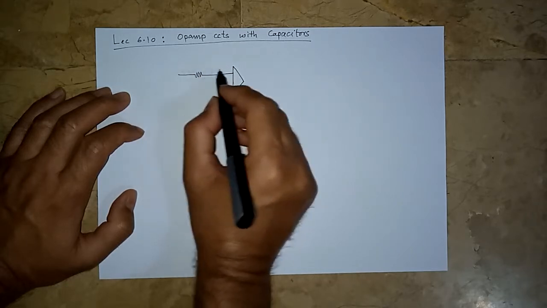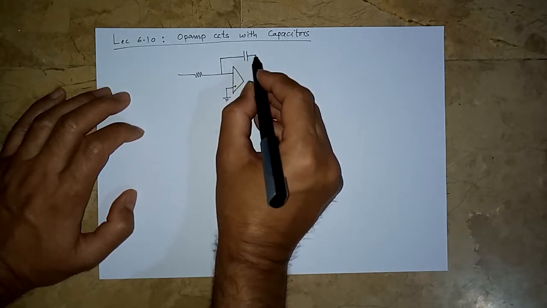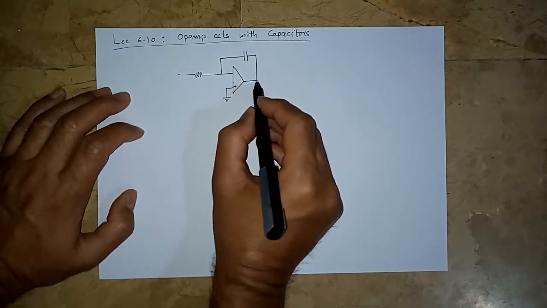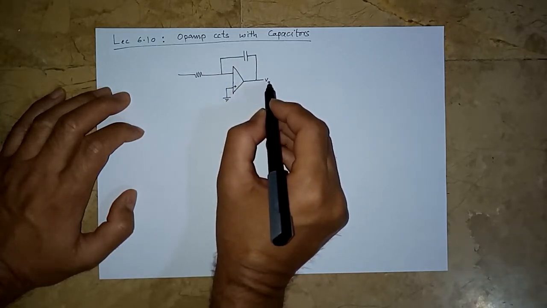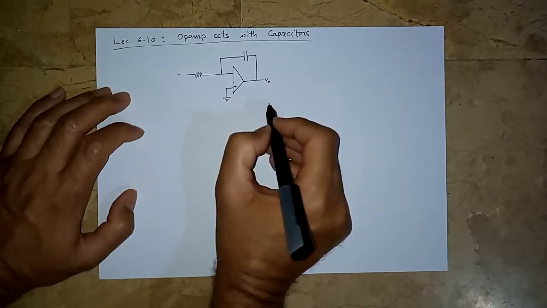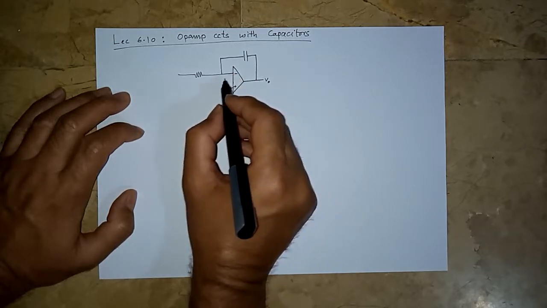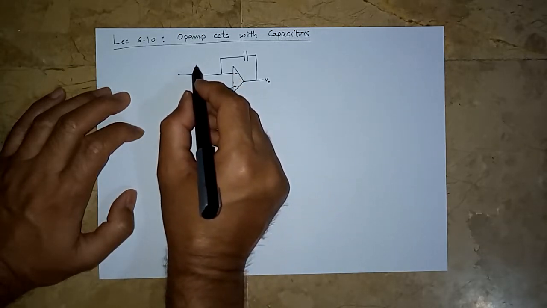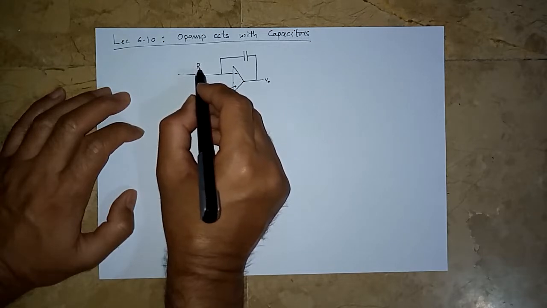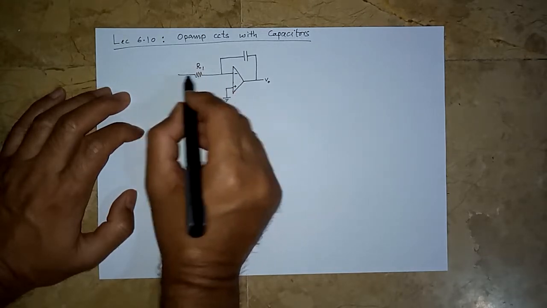So we have a capacitor here in this circuit in the feedback path. We have the output voltage. Remember, in an op-amp, the output voltage does not depend on the load resistor that is connected between the output terminal and ground. The inverting input is connected to a source through a resistor. Let us say this is R1.